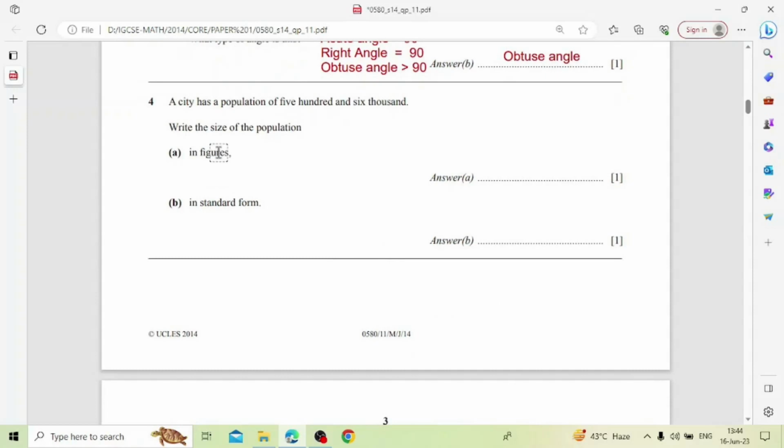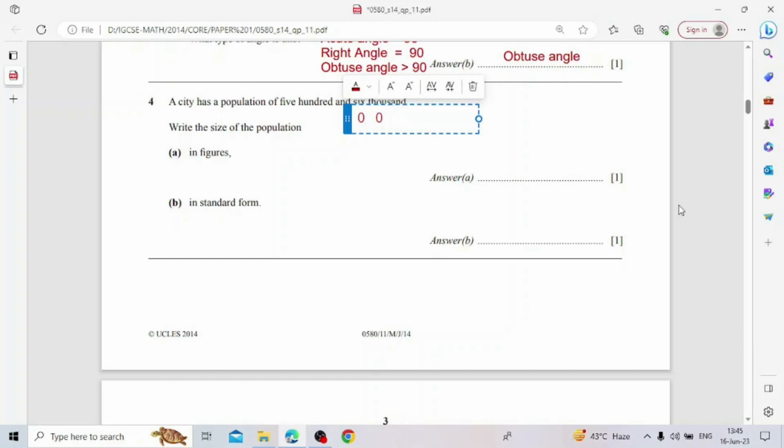Perfect. Now, a city has a population of 506,000. Write the size of the population. What we will do here, just take first 0, 0, 6,000. 500, I gave 2 zeros.